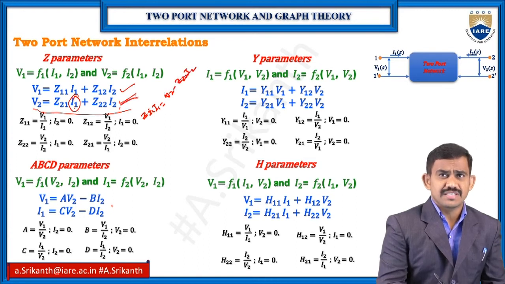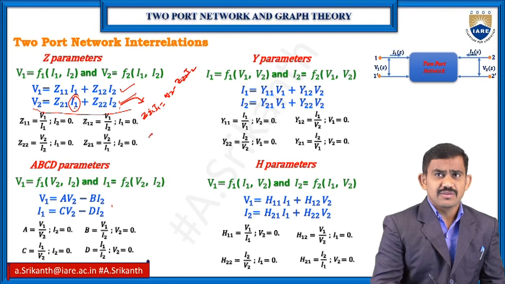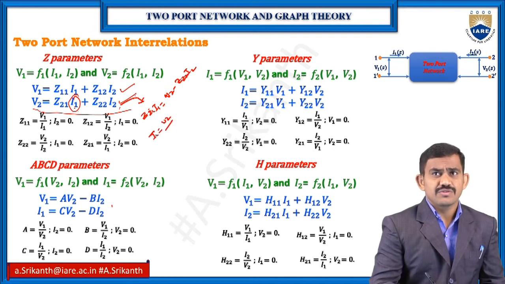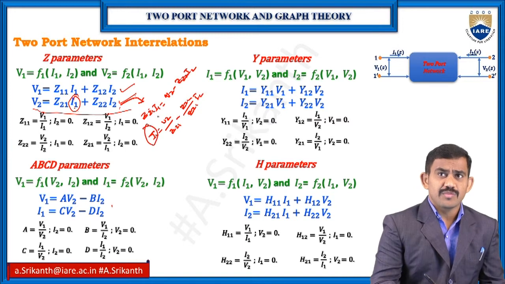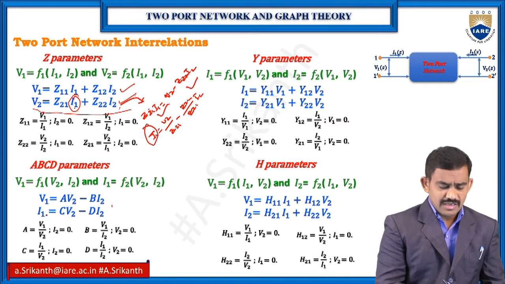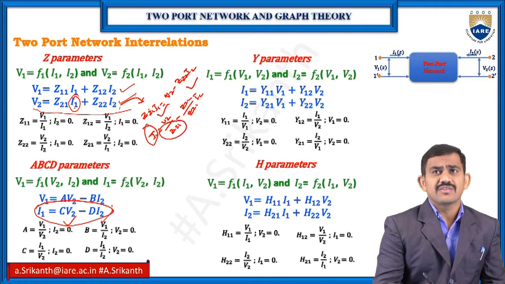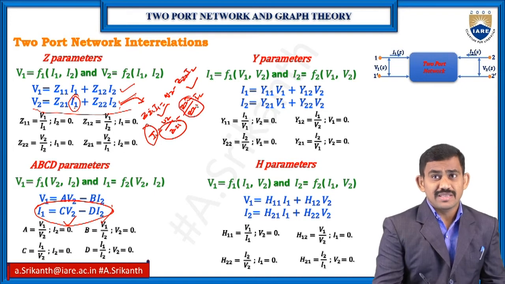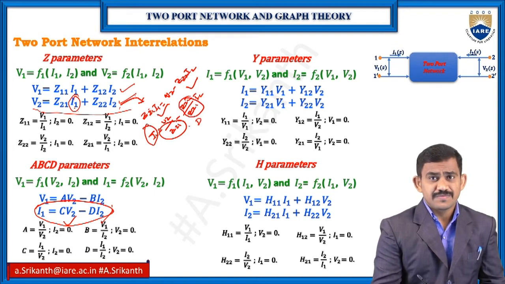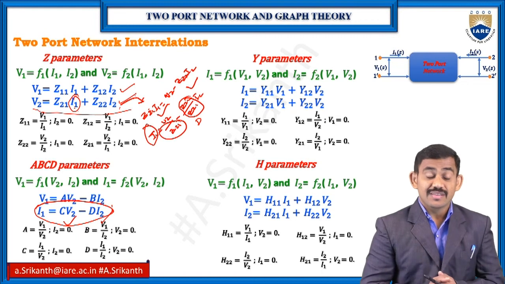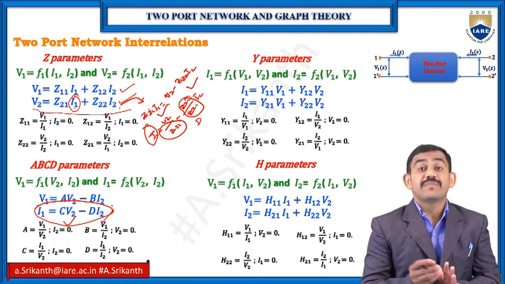Am I right? So I1 is equal to V2 by Z21 minus Z22 by Z21 I2. Now you have I1 in the form of V2 and I2. So 1 by Z21 is your C value, and Z22 by Z21 is your D value. Like that, if you know one parameter, I can find the remaining parameters.